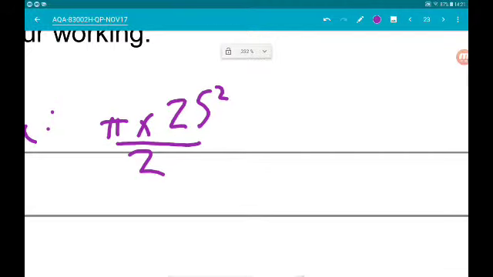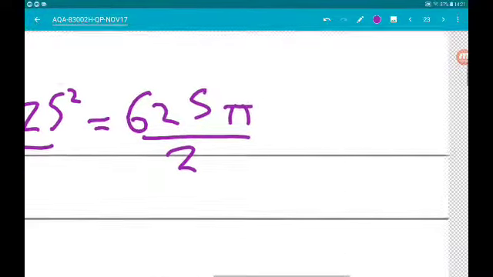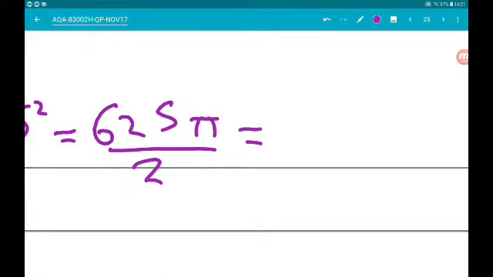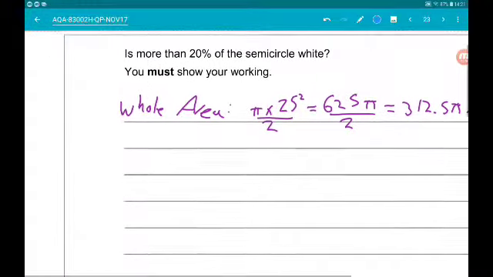So 25 squared is 625. So we've got 625 pi over 2, which gives us 312.5 pi millimeters squared. So that is the area of the whole earring. Okay, now let's do the white sector.